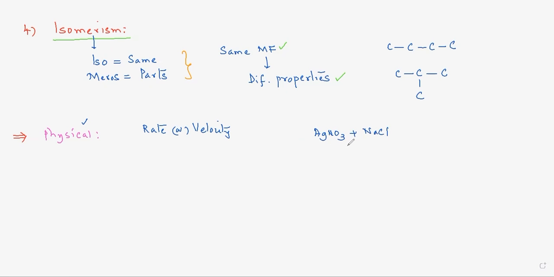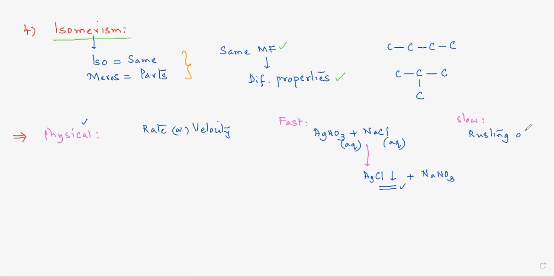When the aqueous solutions of these two are added, within 10 power minus 4 seconds you'll get a precipitate of silver chloride within no time. So this is considered to be a fast reaction. Then the slow reaction, of course, is rusting of iron.